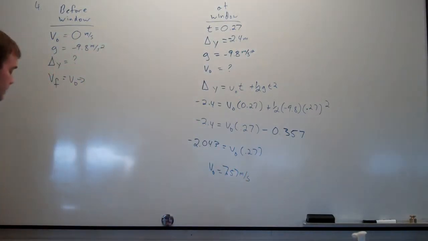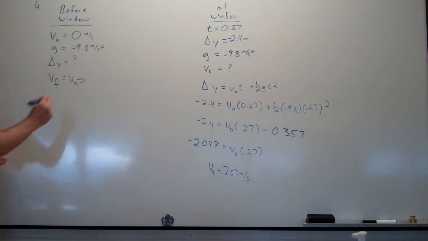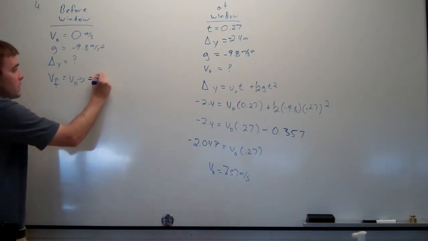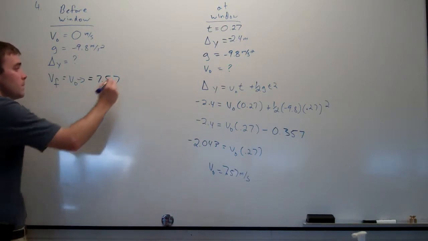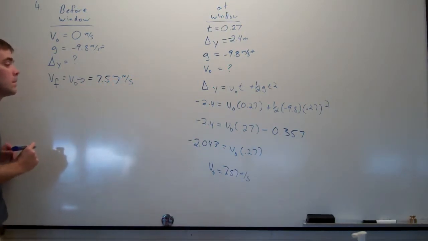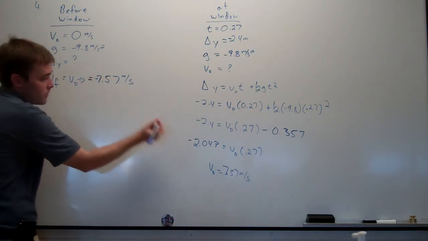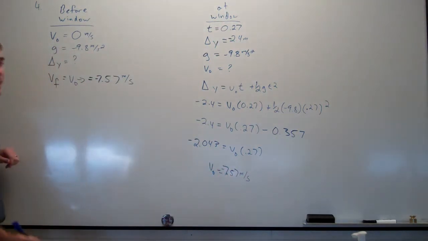There we go. I apologize about that. So this v0 from over there is 7.57. Isn't it negative? Thank you. I got cold today, I'm not quite with it. That makes sense, it is falling.